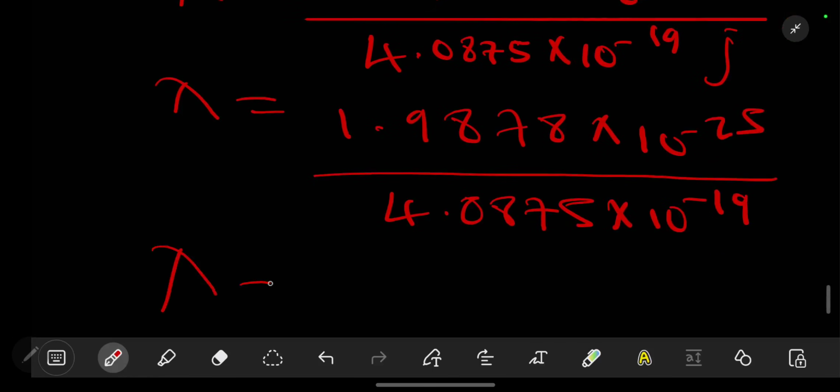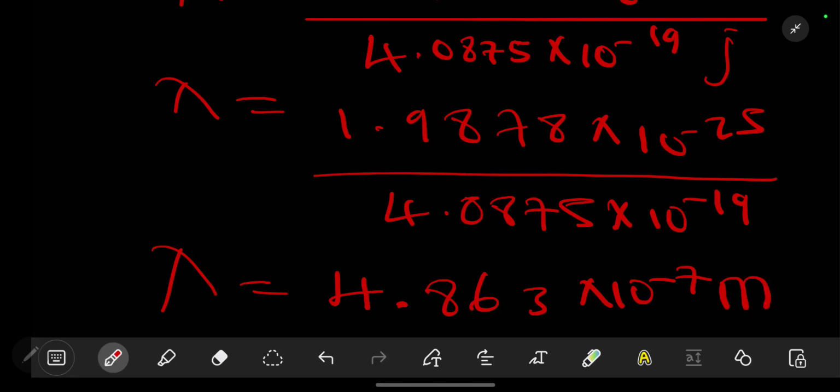So when we divide this, we are going to have 4.0875 times 10 to the power negative 19. This is going to give us a value of 4.863 times 10 to the power negative 7.